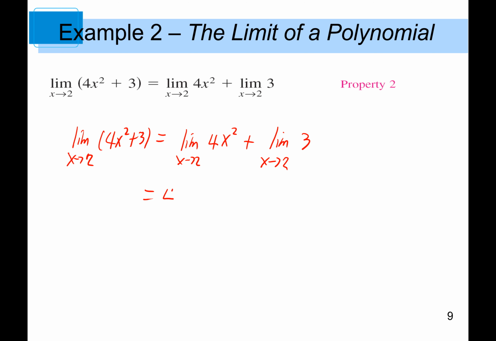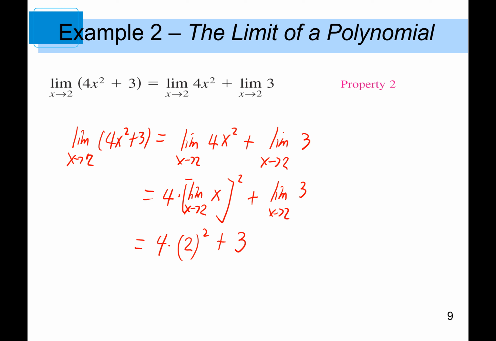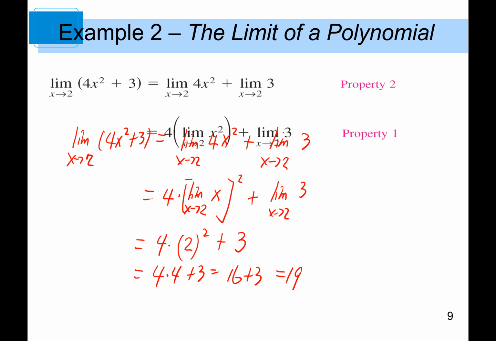You can put the coefficient in front using the scalar multiple. You do x and put in a square, plus the limit as x approaches 2 of 3, right? So it becomes 4 times the limit of x squared when x approaches 2, replace x with 2, it becomes 2 squared. The limit of a constant is that constant. It becomes 4 times 4 plus 3, so 16 plus 3, which gives us 19.